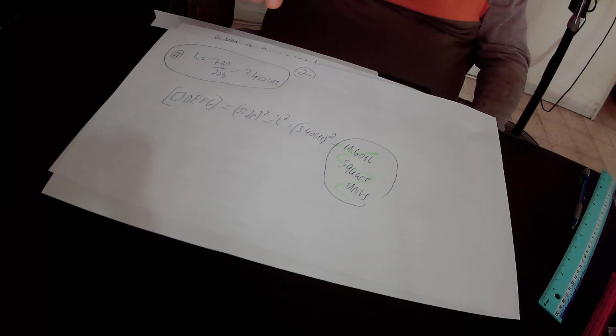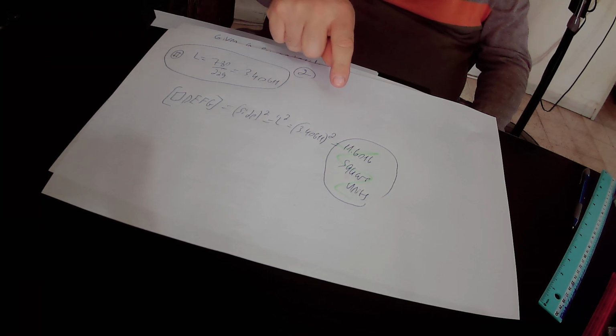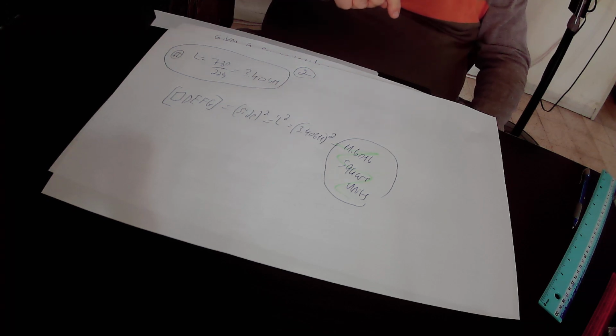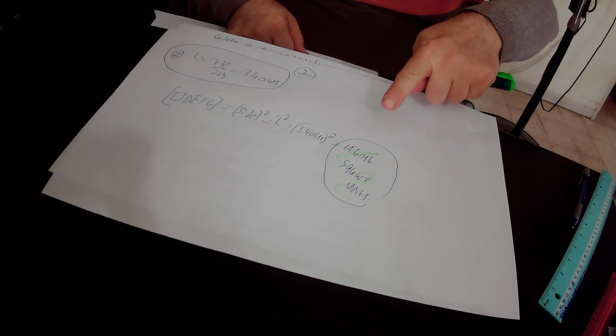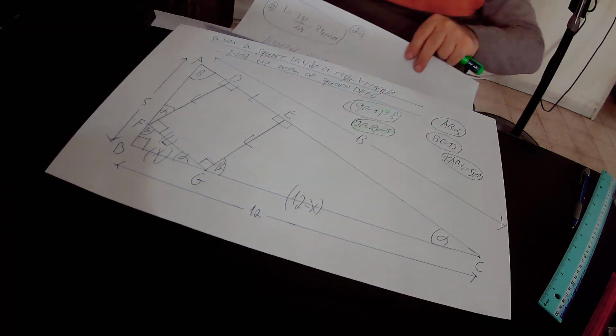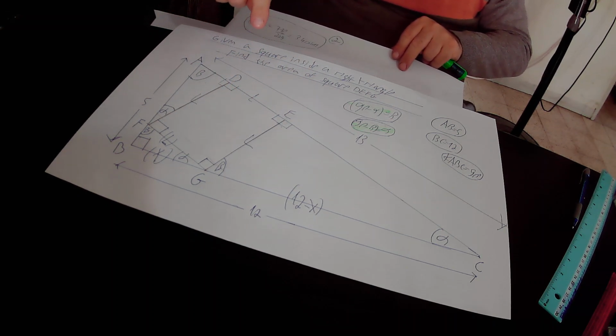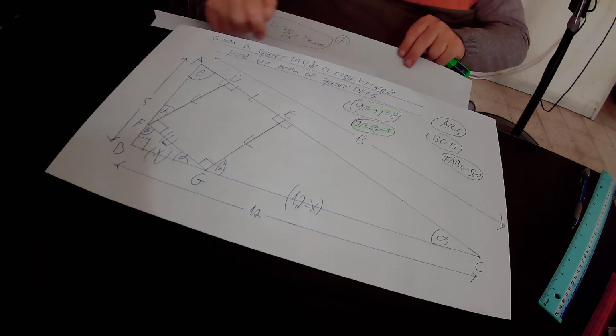And L equals 3.40611, therefore L squared equals 3.40611 squared. And 3.40611 squared equals 11.6016 square units. In conclusion, the area of this square DEFG is equal to 11.6016 square units. Okay, thank you very much.